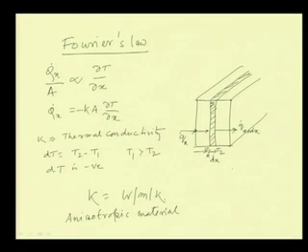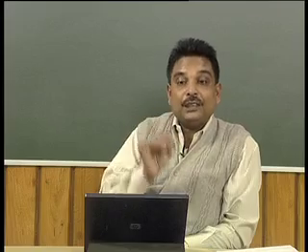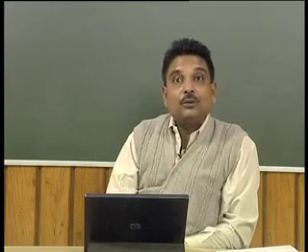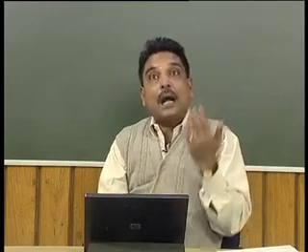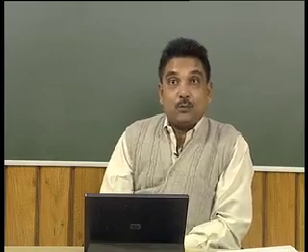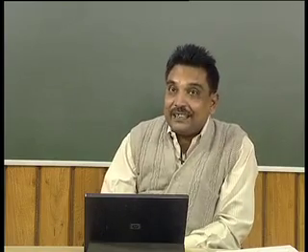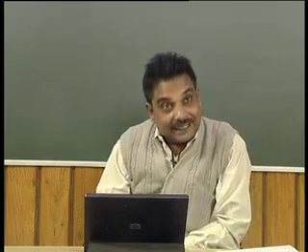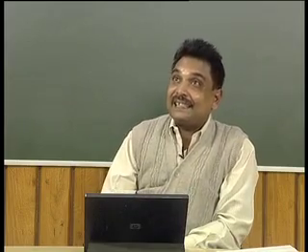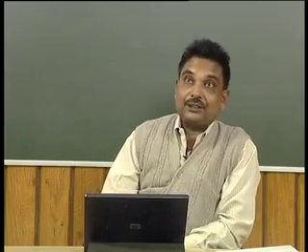And if the thermal conductivity of the material does not change with position, then we call it an isotropic material. In most situations we will assume that the material is isotropic and K does not change with the position in the material.